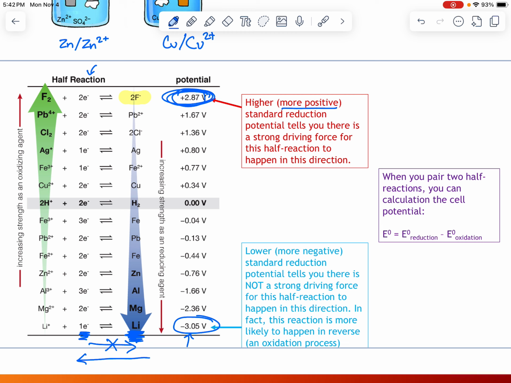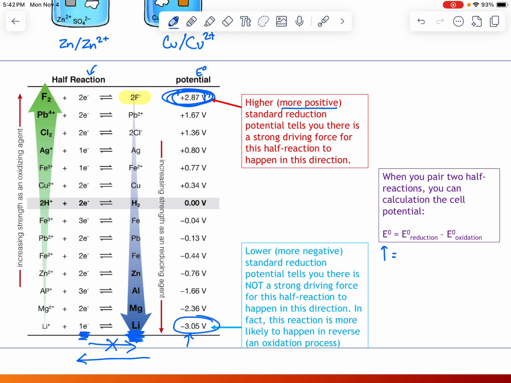we can look at what we call the potential, right? And potential is that symbol. We can find the potential for the cell for the overall reaction by taking the value of the reduction potential for whatever's being reduced minus the value for whatever is being oxidized.